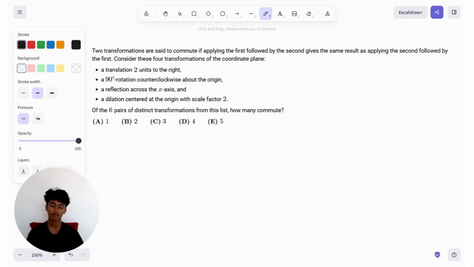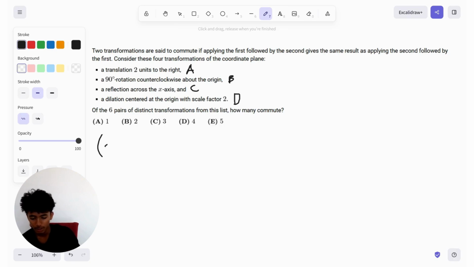Well, let's first simplify this process and name each transformation. So let's say that this one is A, second one is B, third one is C, and fourth one is D. So of these 6 pairs, we can first define what each one does.